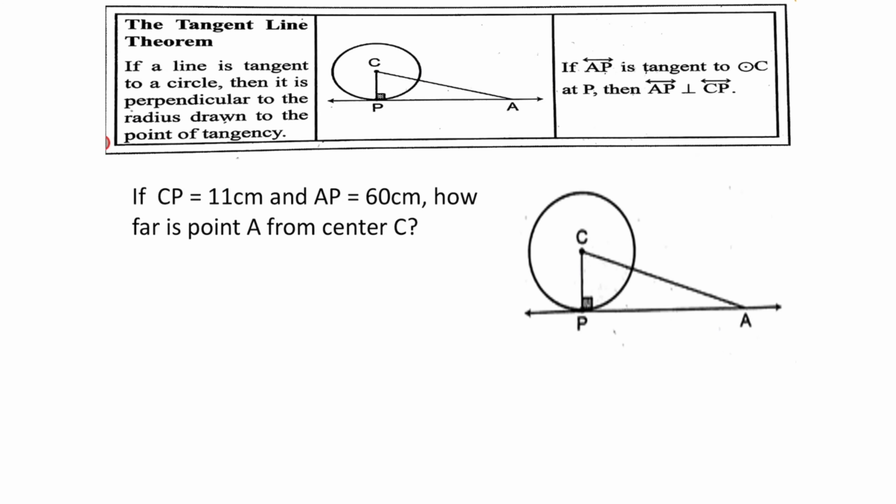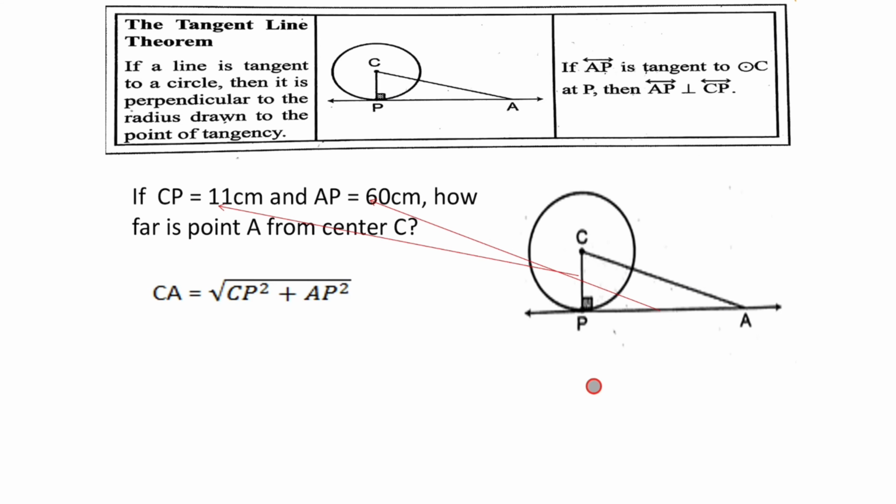We have here, if CP is 11 cm and AP is 60 cm, how far is point A from center C? Yung CP natin is 11 cm and yung AP natin is 60 cm. Tinatanong is, gaano kalayo yung A doon sa center, which is the letter C.